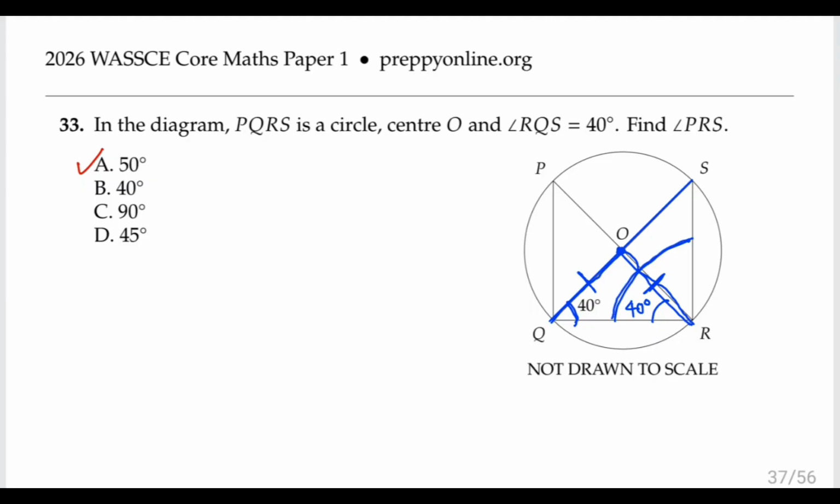Now, if this angle is 90 degrees and it can be divided into two so that one part is 40 degrees, then the other part must be 50 degrees. So that's another way of doing it. And there are other ways of doing it. So you can try to find other ways of finding that indeed angle PRS is 50 degrees.